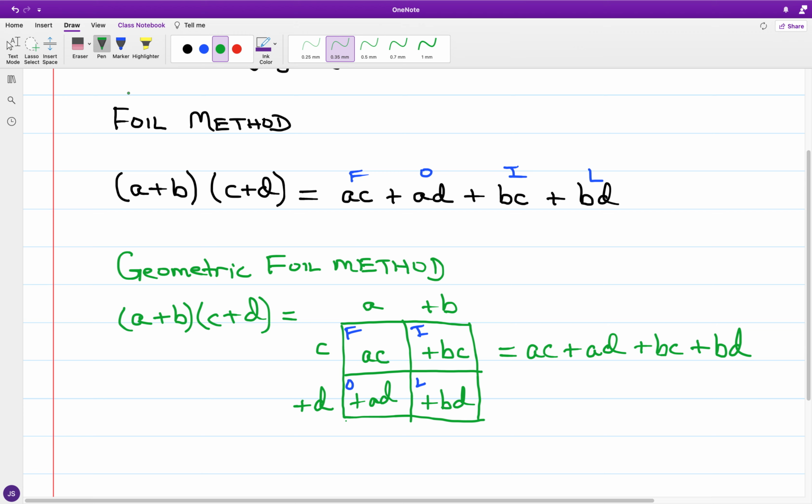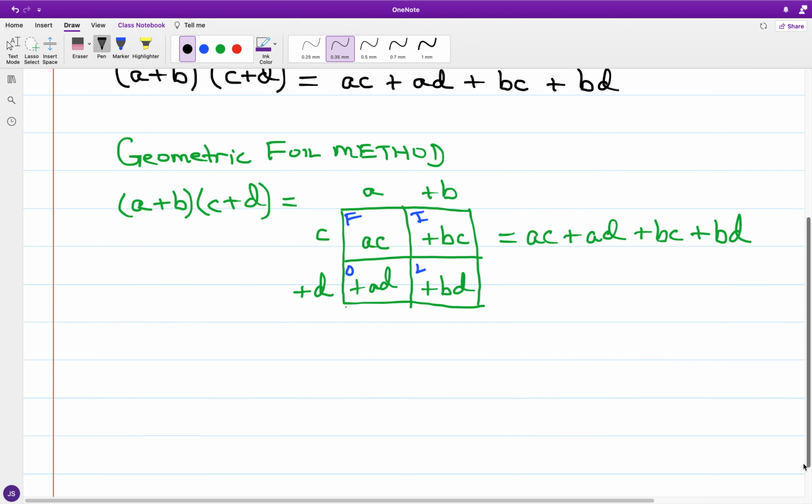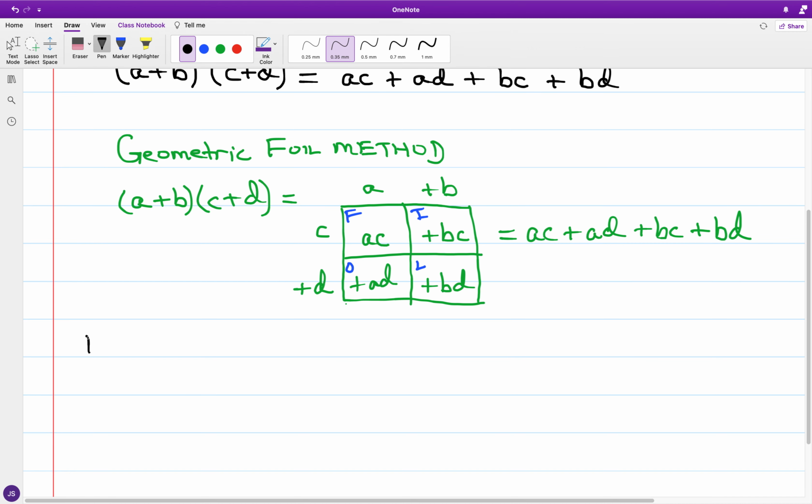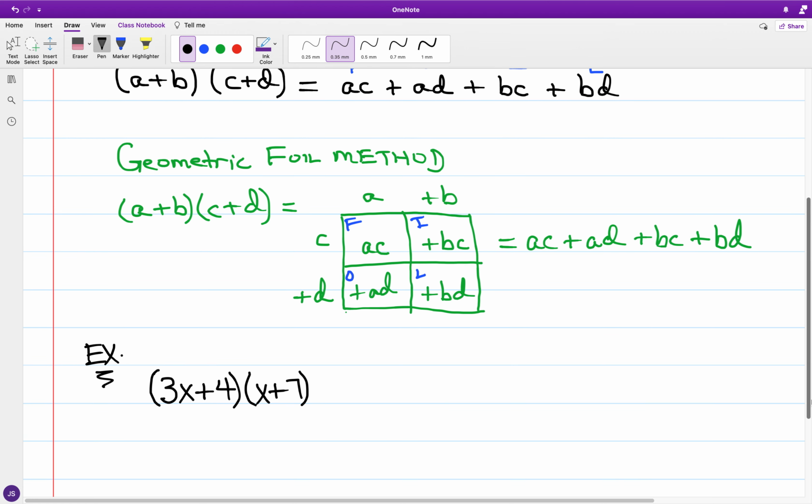And let's say, if we take examples, you can utilize either approach. Let's say we're multiplying binomial expressions, for example 3x plus 4 multiplied by x plus 7. And you can go with either FOIL approach.